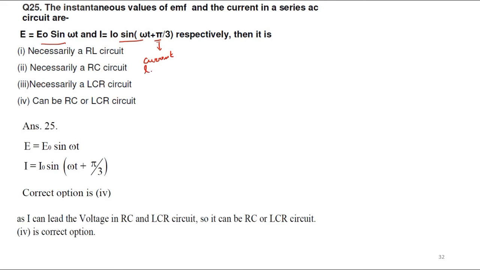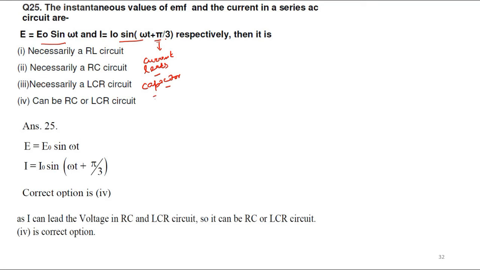Here only omega t, here omega t plus pi by 3, current leads. So a leading current is given only by a capacitor in a circuit. An inductor will produce lagging current. So there should be a capacitor. Then only the capacitor is there.